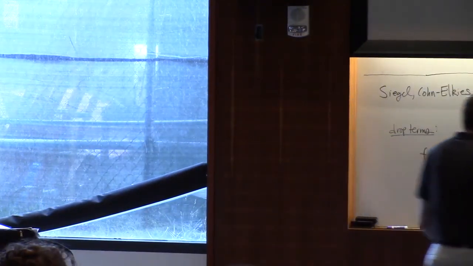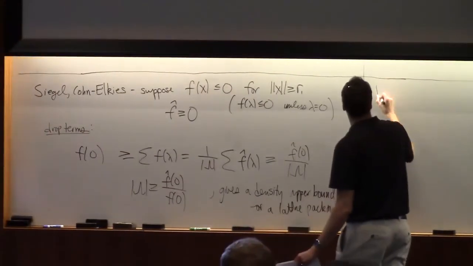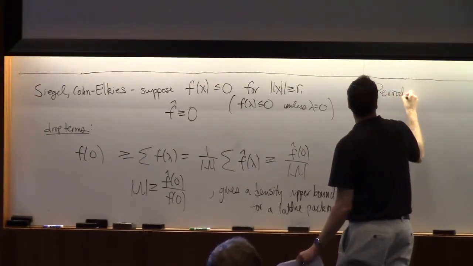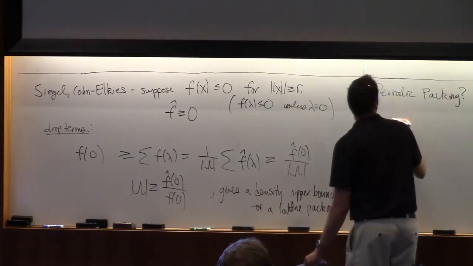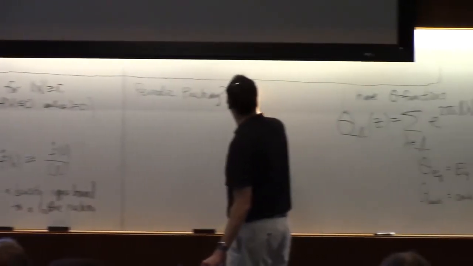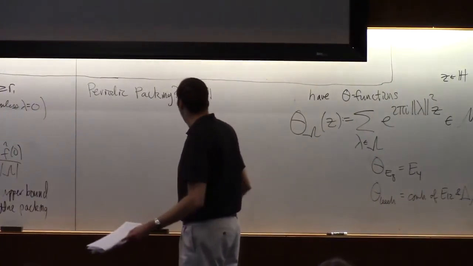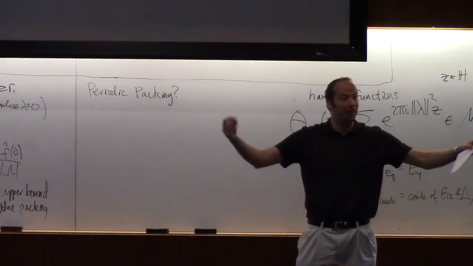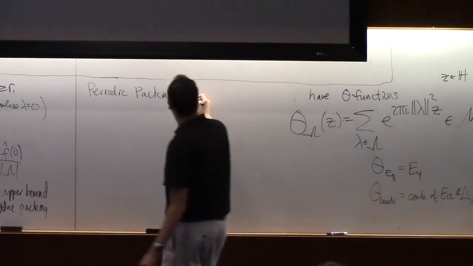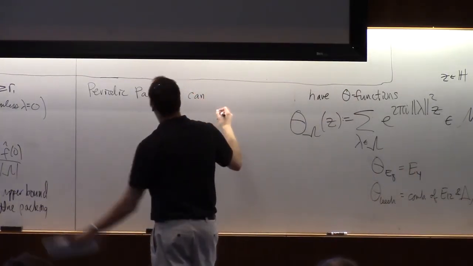So what do we do? Well, if it's not a lattice, you might consider a periodic packing. Periodic packing means that you center the balls on a, well, periodic, it's what it sounds like. You have some big box, and you have some packing in that box, and you just repeat that box. And you can get the same formula, the same inequality there.